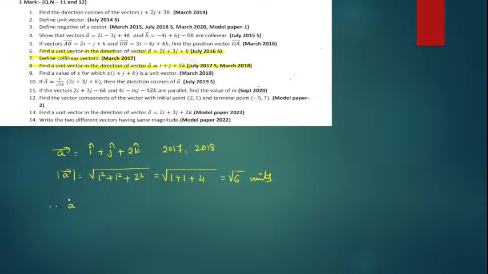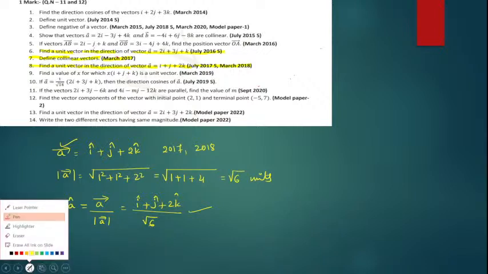Therefore the unit vector a cap in the direction of the given vector is given by simply the given vector divided by its magnitude. So you will get the vector i cap plus j cap plus 2k cap divided by its magnitude, which is root 6. This is how you need to find the unit vector a cap in the direction of the given vector a.